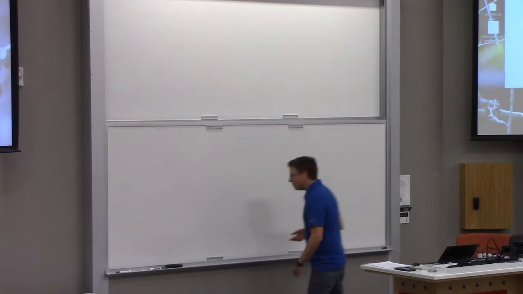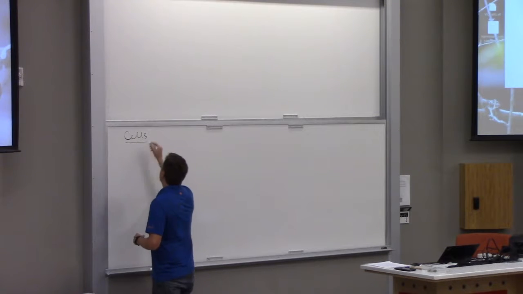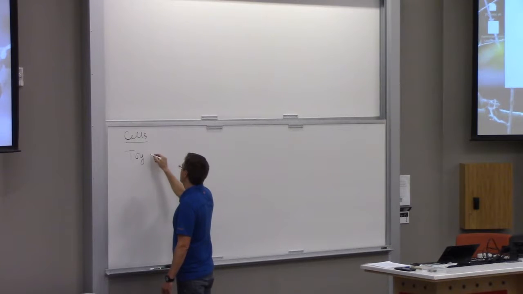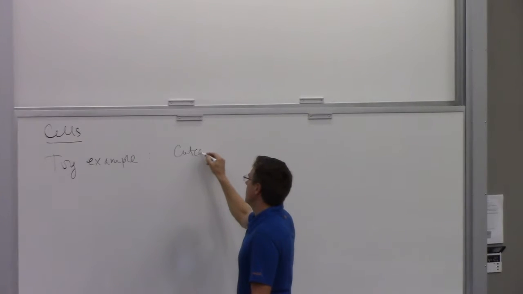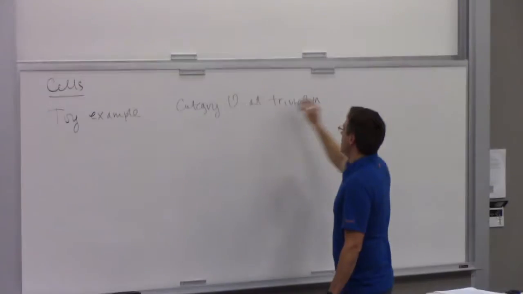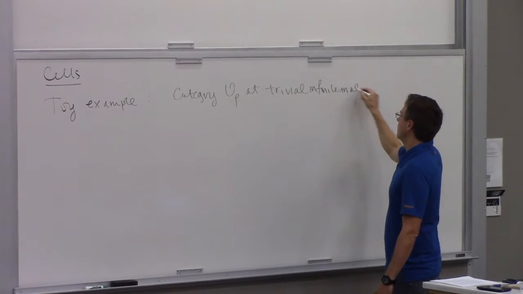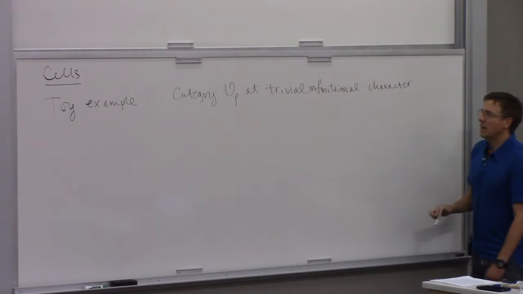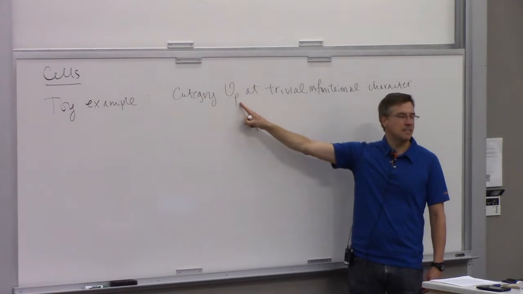Okay, so the place to get started is, so we'll start with cells. And the toy example is category O. So maybe I'll denote that O row. Okay, so I'm looking at highest weight modules, and I'm fixing the block which contains the trivial representation.